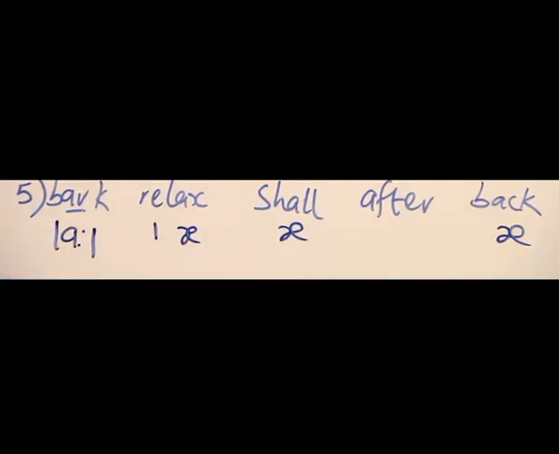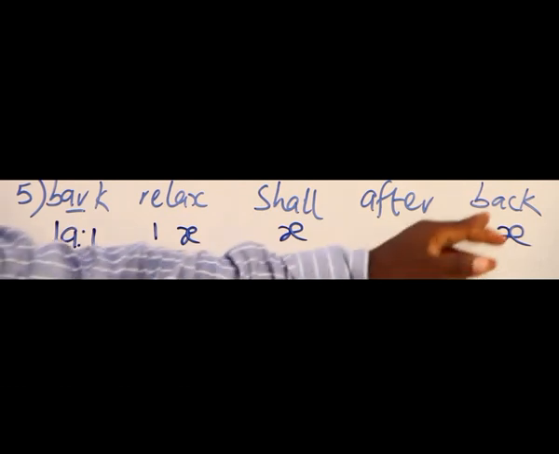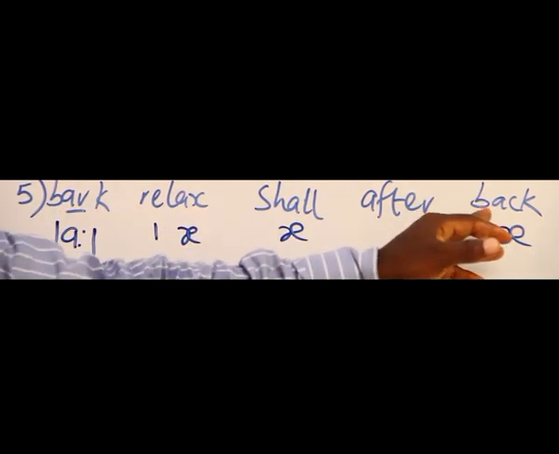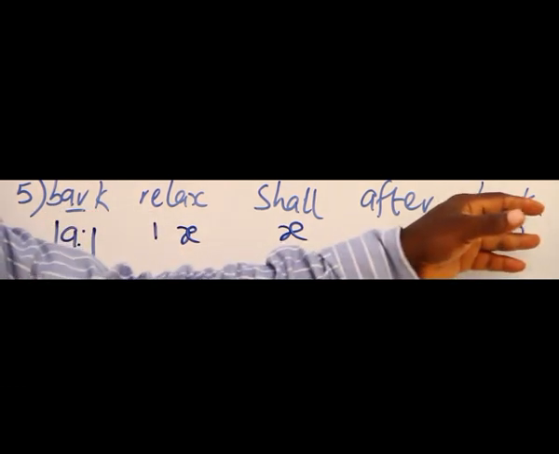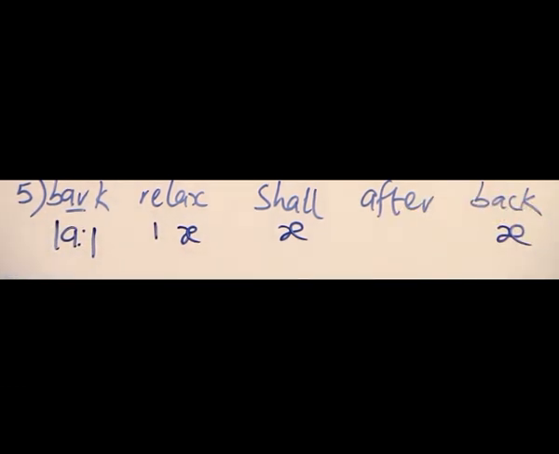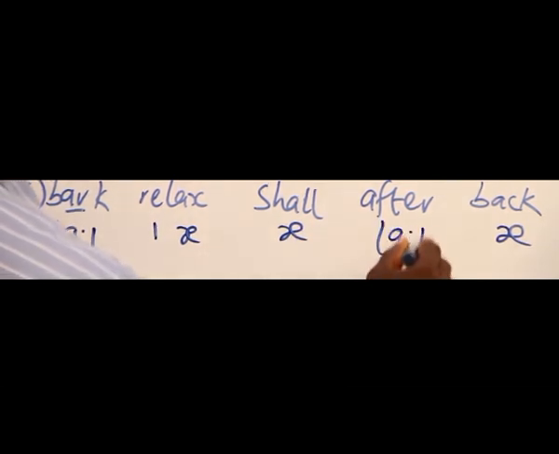The remaining 2 sounds that make up each of the two words are actually the same. The B in back is also the B in bark. The K in back is also the K in bark. So the difference is that while this one has the long R, this has the short one. So now our answer is therefore the word after.